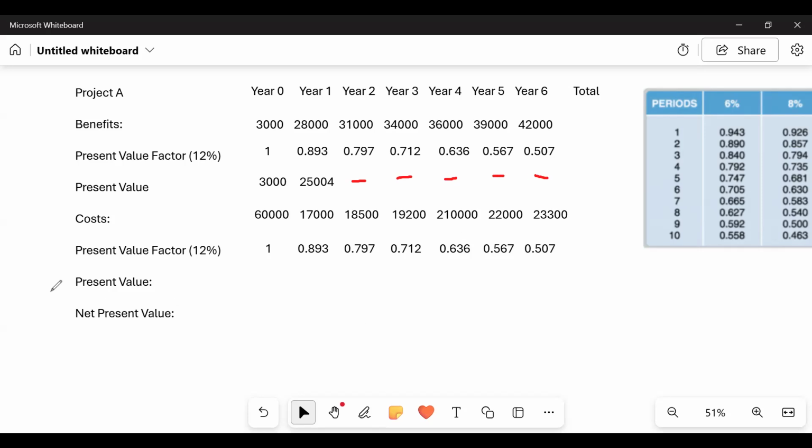Similar to that, that is benefits. Then for costs, multiply these two, and you will get 60,000. Find the values here. Then find the total here. So this is the total that I'm expecting. You add everything and put the value here.